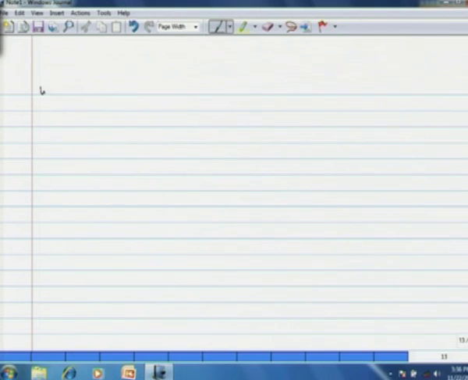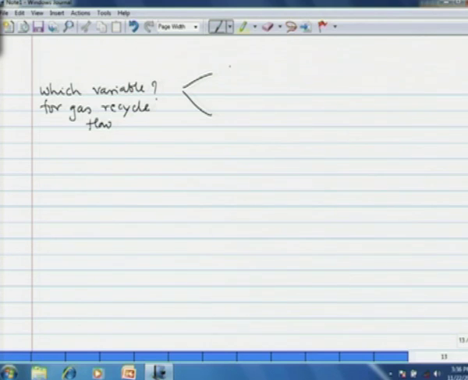Now, which variable should we use? We have two options for deciding the gas recycle flow. Either the excess hydrogen that is fed to the process, or the composition of hydrogen in the purge stream that we denote as YPH. YPH essentially is the excess hydrogen that is fed to the process divided by the total purge flow.